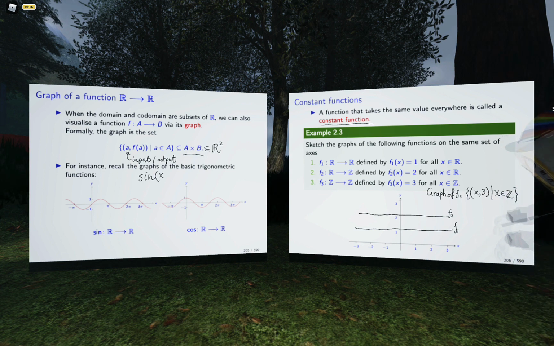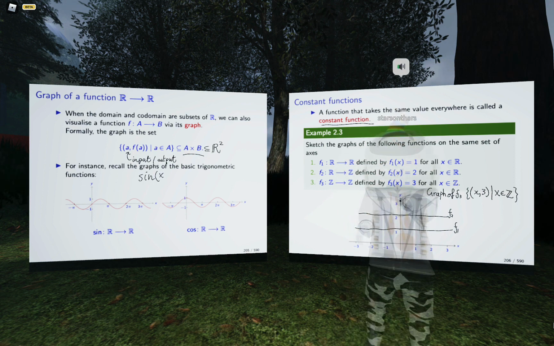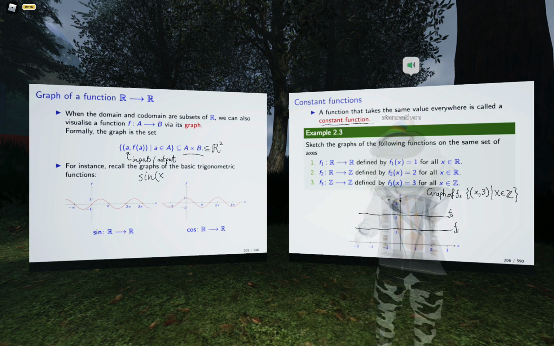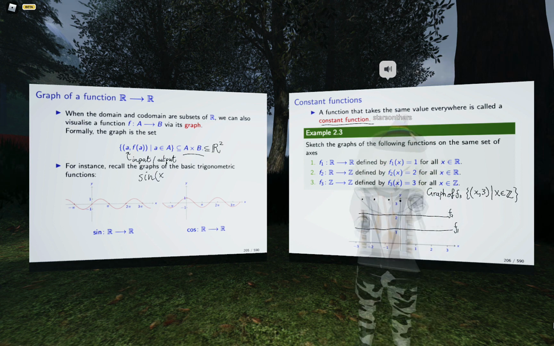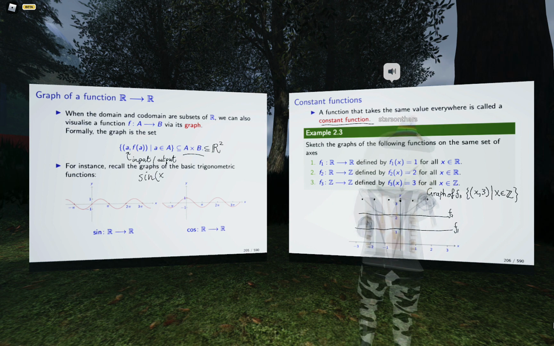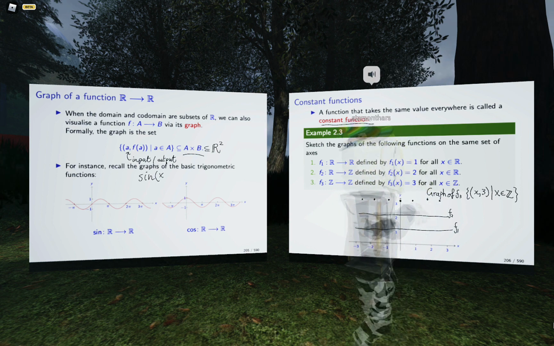What that means is that I don't get a line like I did before. Instead, I get a bunch of dots, right? So this is 0, 3, minus 1, 3, minus 2, 3, minus 3, 3, 1, 3, and so on. Okay, and that goes on forever.